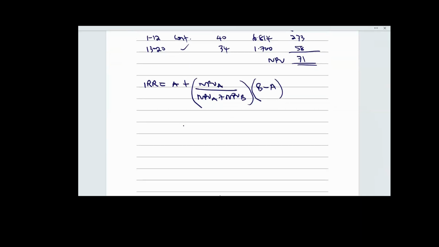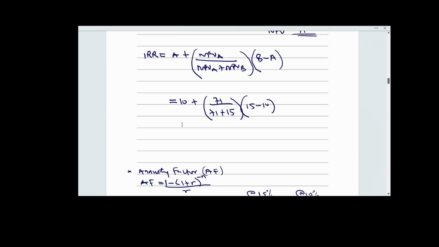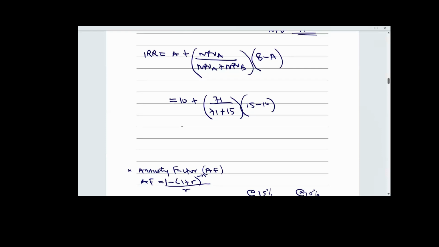So in this case, we assume 10 and 15%. 10% is lower, plus NPV of that 10 is 71, over 71 plus NPV of the higher discount rate, which is 15, multiplied by 15 minus 10. Final answer, what do you get? What is your IRR?